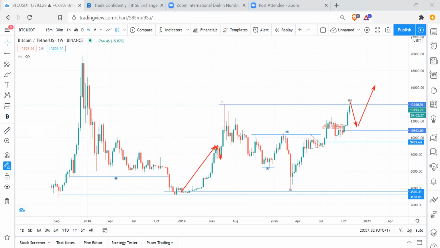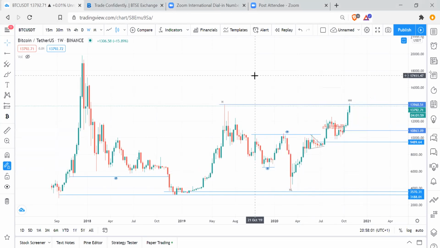We have a higher high, a higher low, and then a higher high. The pullback did not take time. But here we have a high, a higher low, and now a higher high. You see this pullback, it took a lot of time. So it depends on the mood of the market. You can't do anything to the market. You can only try to be in the right place at the right time and make money.